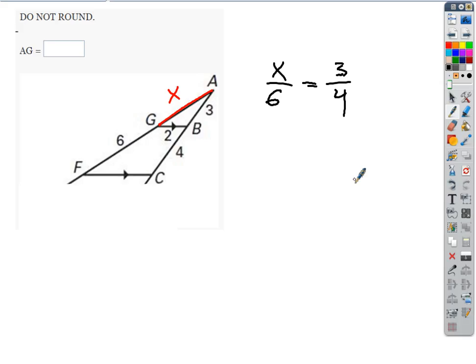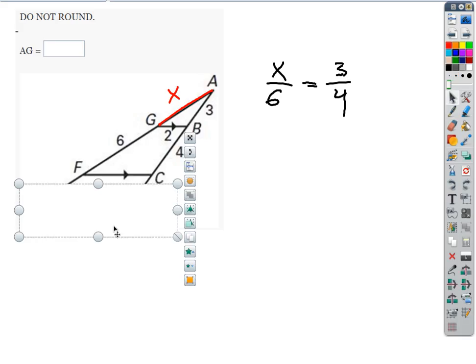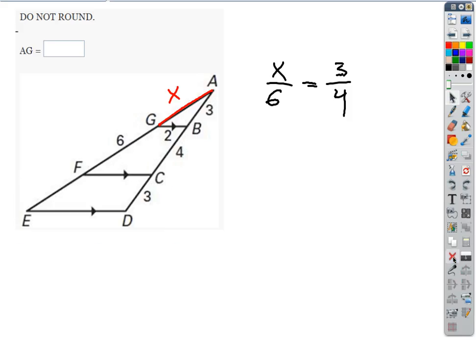Okay, good. Now what if we were actually trying to find AE, let's say, instead? Then I'd have to get this other little piece down there. How could I get that piece? Okay, I'm hearing some good stuff. And I'll move that up there so that he's out of the way. What if I were just trying to find that one there and it were y?